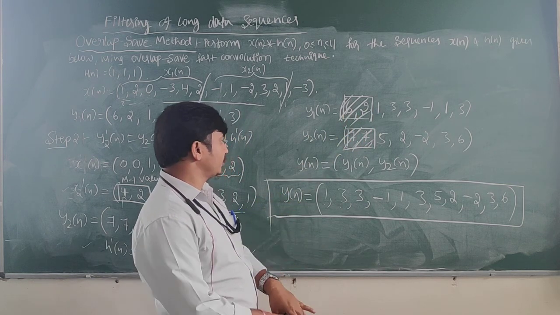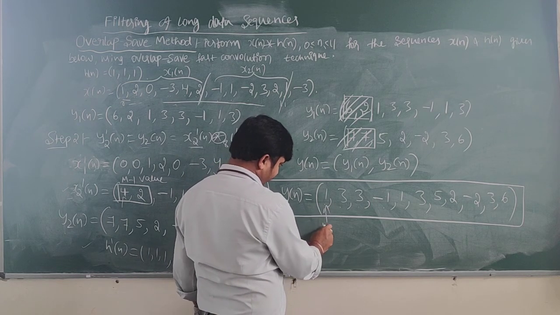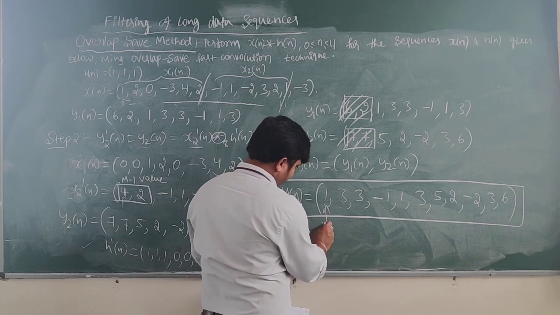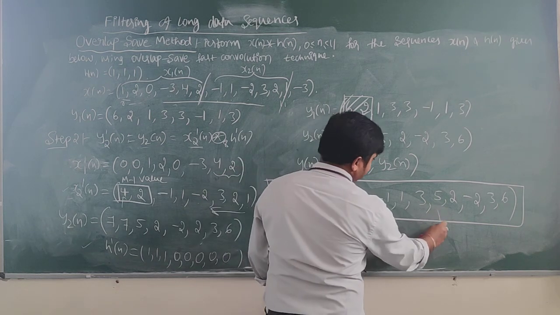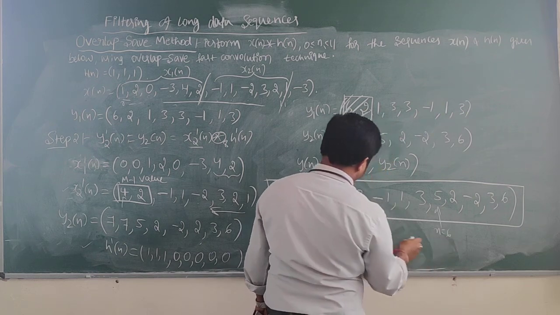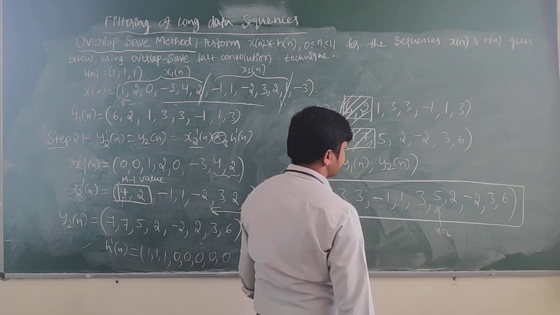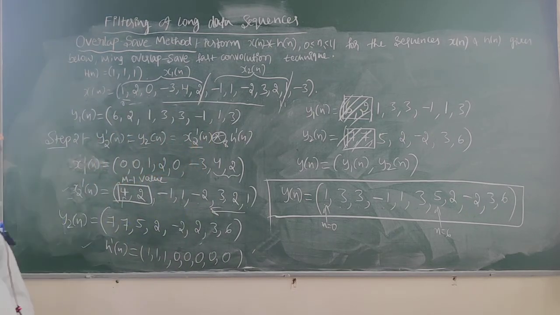Here n is equal to 0, and this is the y2 output where n is equal to 6. So this is about the overlap save method.